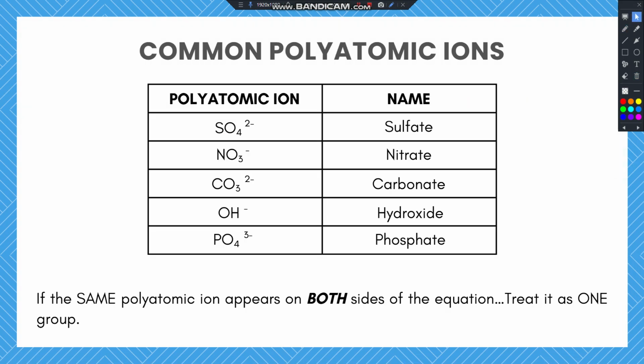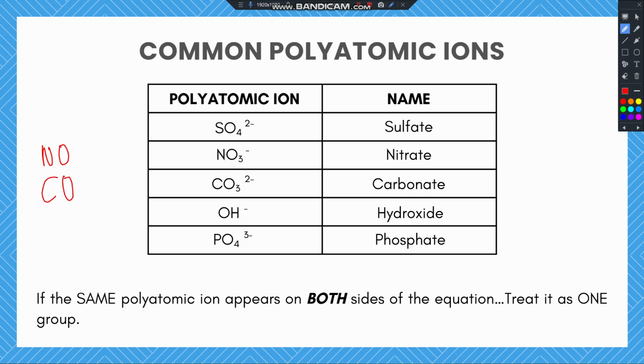Here are some examples of polyatomic ions. The first one is the sulfate ion. It contains the sulfur element and the oxygen element. The next one is the nitrate ion. It contains nitrogen and oxygen as well. The third one is the carbonate, which contains carbon and oxygen.